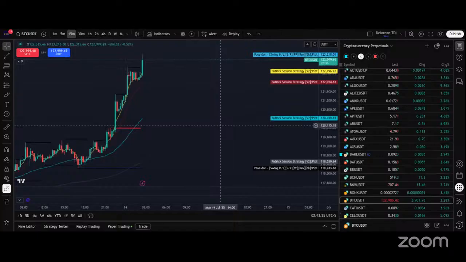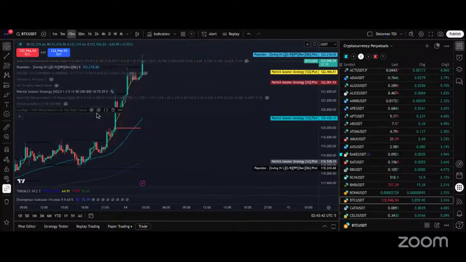A little less than 2 minutes left to go. Be interesting to see where the fair value gaps are here. So there are quite a few on this run up.